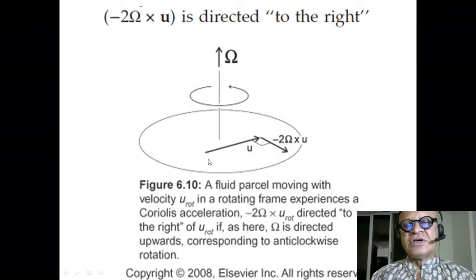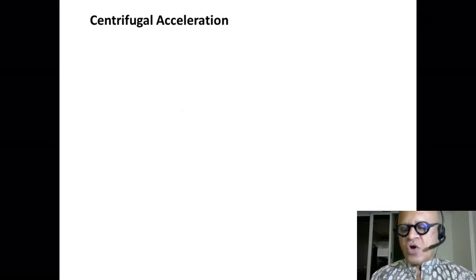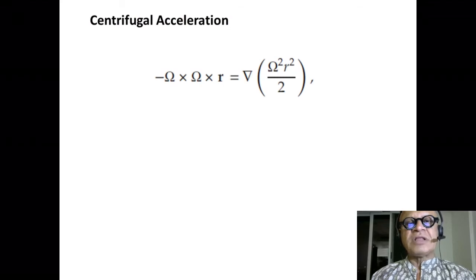But nonetheless, here, just remember this: minus 2 omega cross u is going to be to the right. Obviously, if you change the rotation direction as in the southern hemisphere, it's going to flip, right? This is something we will come back to later on when you are in the same direction as the rotation of the body you are on. It's called cyclonic, but we'll come back to that.